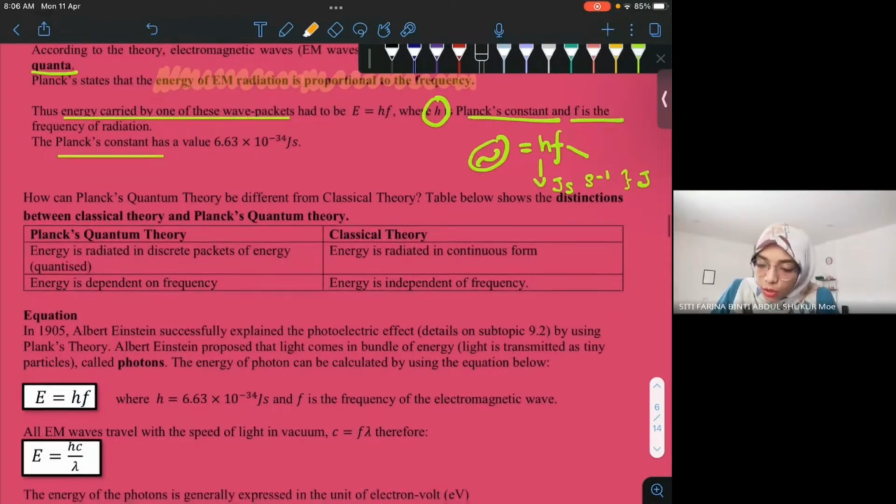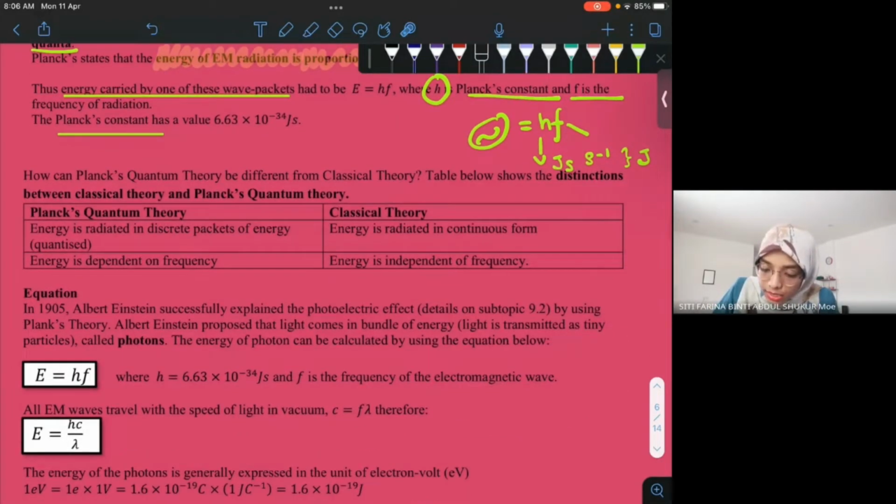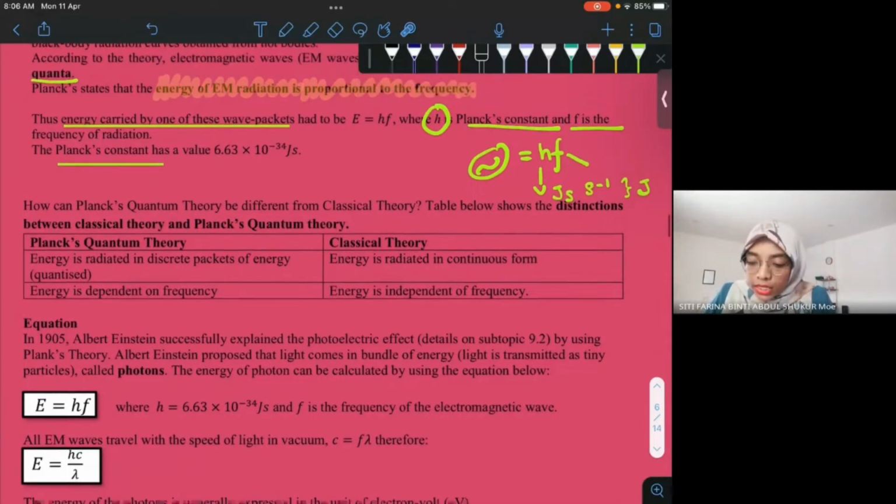Okay, so now we are going to look at the comparison ataupun the difference between Planck's quantum theory dan juga classical theory. Okay, so sebelum Planck came up with this idea that kita punya EM radiation is proportional to the frequency, kita dah ada pemahaman yang sebelum ni lah, which we call it as classical theory.